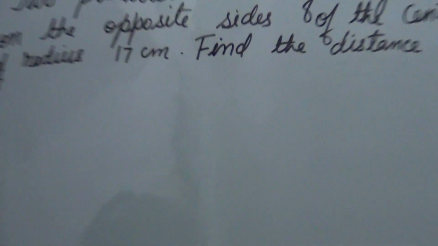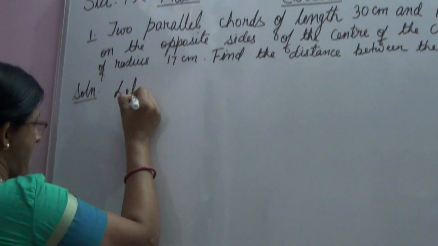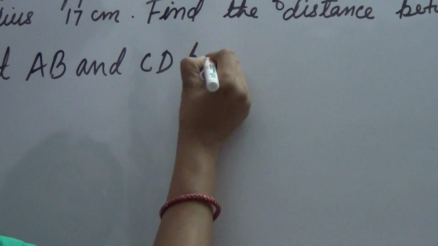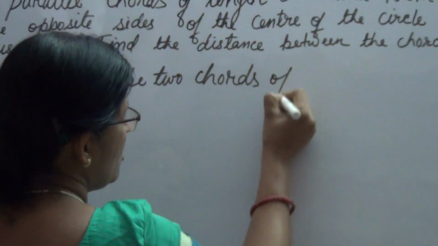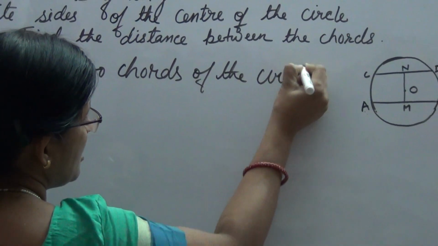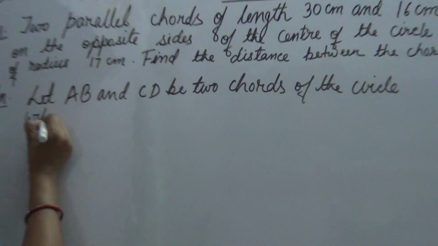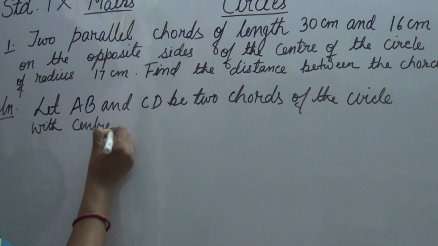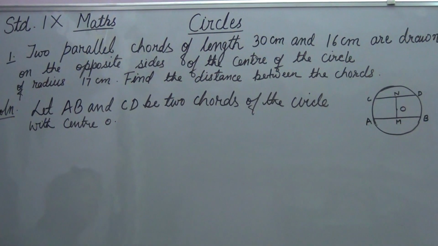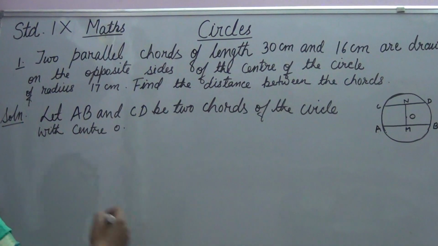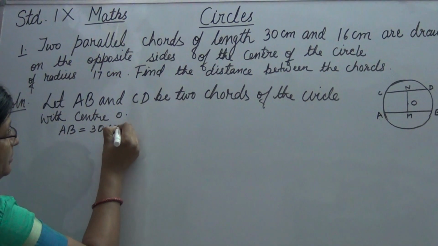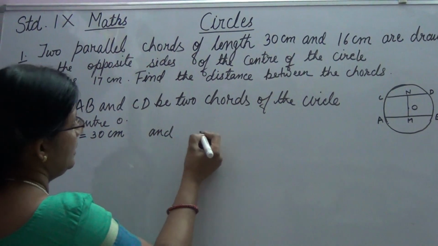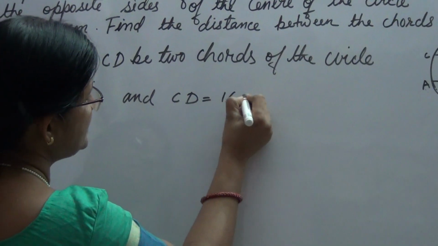It is already given that the center of the circle is O. Let AB and CD be two chords of the circle with center O. Now let AB be equal to 30 cm and CD equal to 16 centimeter.